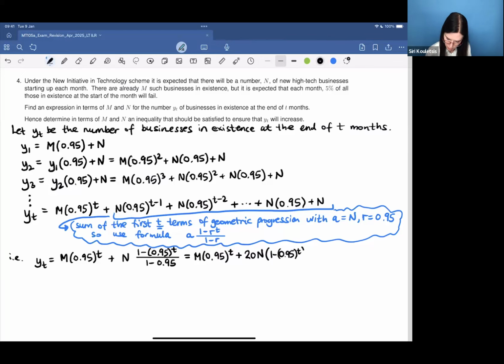We could go one step further and simplify this a little bit more in the sense of we can take 0.95 to the power of t common factor and then separate out this part. You see 20n there. It doesn't have any t in it. So we can separate that as follows.